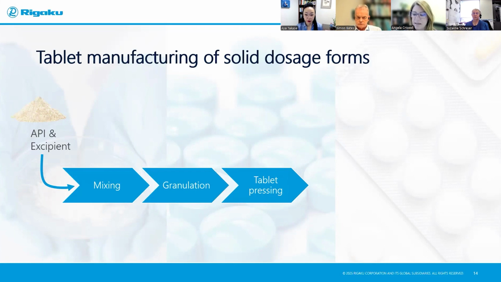If we identify any tablet defects, then we can use that to help guide the upstream process to optimize these steps and our mixtures in that case. Following this, many tablets are then coated. This makes them easier to swallow, can help improve their taste, and it can also control how the drug is released in the body.